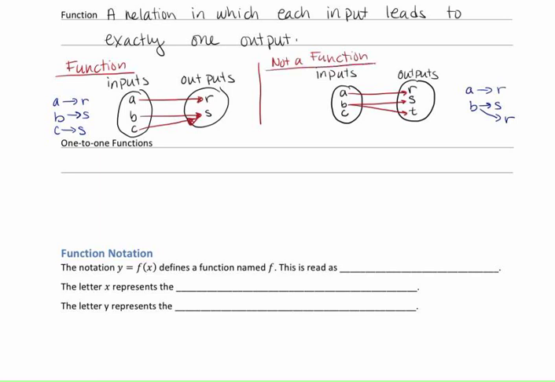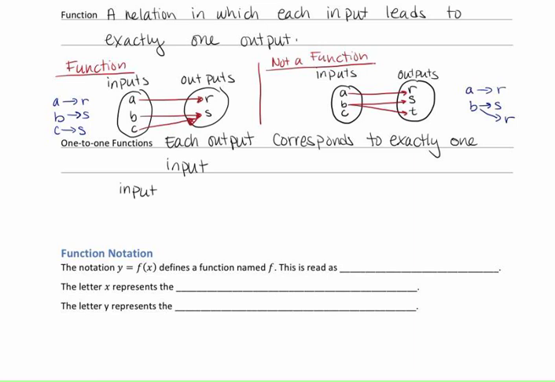This brings us to the definition of a one-to-one function. A one-to-one function is a function in which each output corresponds to exactly one input. So let's do a quick example here.